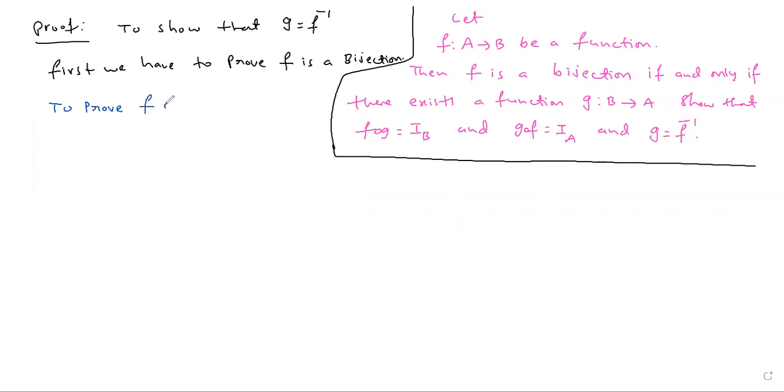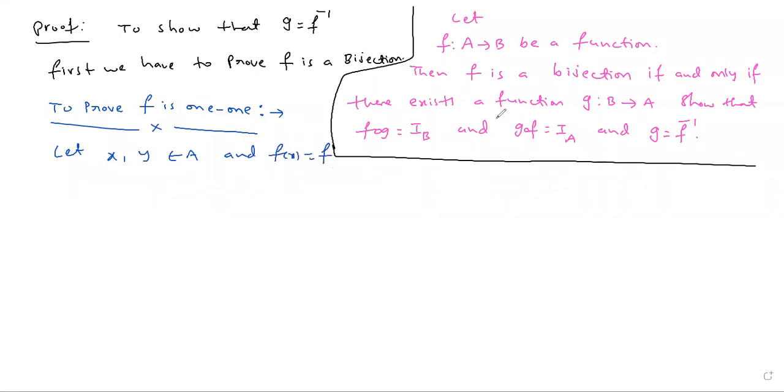To prove F is 1-1, let x, y belong to A and f of x is equal to f of y.